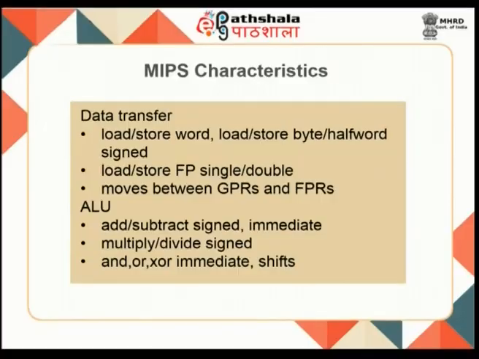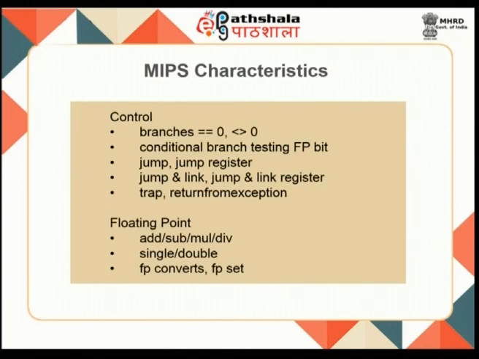So, if you look at data transfer instructions, you have load and store word, load and store byte, half word, signed as well as unsigned. Similarly, you can do floating point data transfers. You can transfer data between general purpose registers and floating point registers. And if you look at the arithmetic operations, you have addition, subtraction, signed and immediate operands, multiplication, division, signed as well, and logical operations like AND, OR, XOR, immediate value and shifting operations.